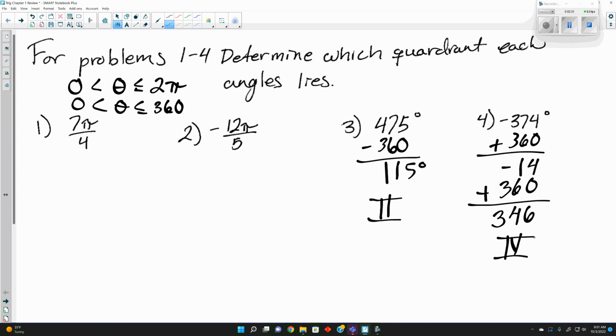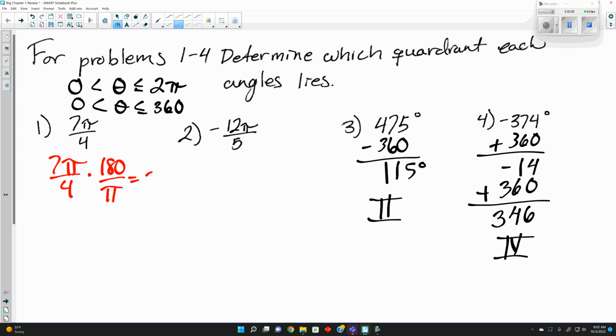Now we can do the same thing with our radians, 7 pi over 4, and work it that way. Or what you could do is convert it to degrees. Because if I wanted to convert 7 pi over 4 to degrees, in a calculator we can multiply it by 180 over pi. And again, I would use either calculator for this.